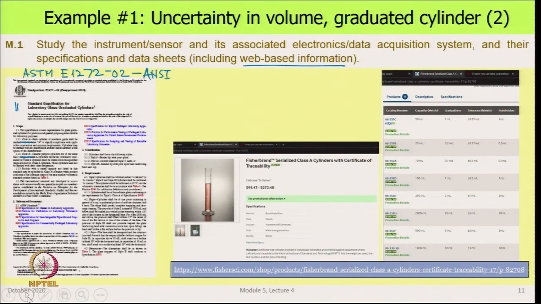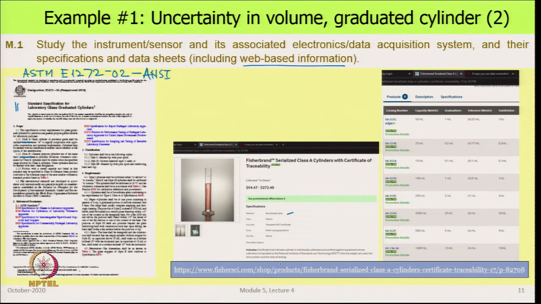Now, this is a very widely used device. There are hundreds of suppliers. You can look up on the web, and many of them have put their specification sheets from there. Here are a few of them. So, this is from one make. Here are the specifications.